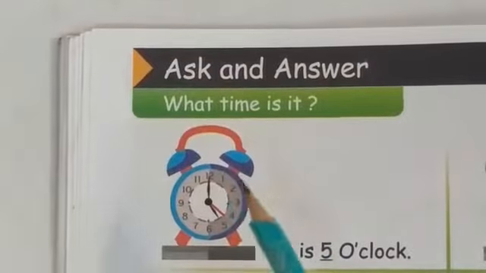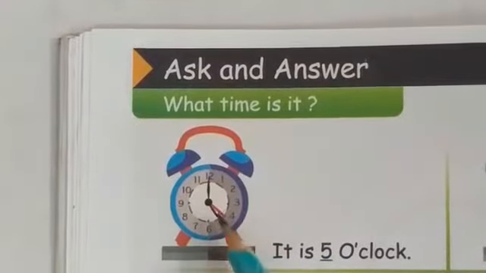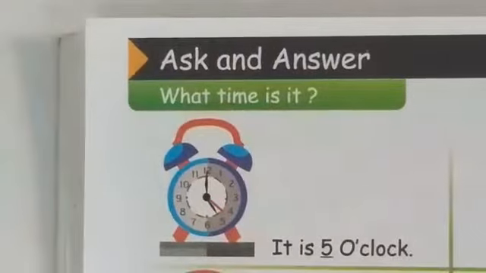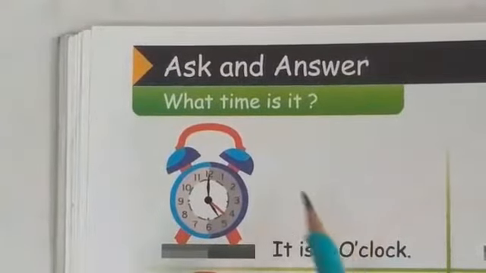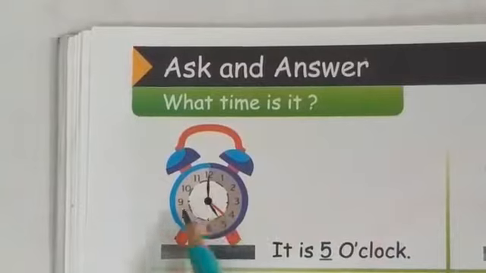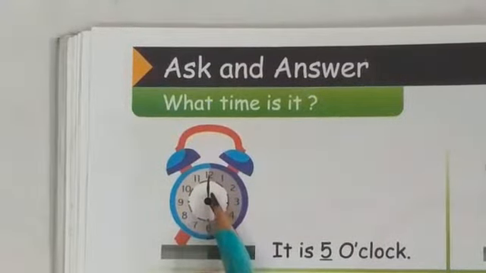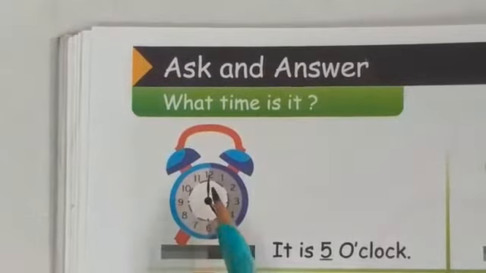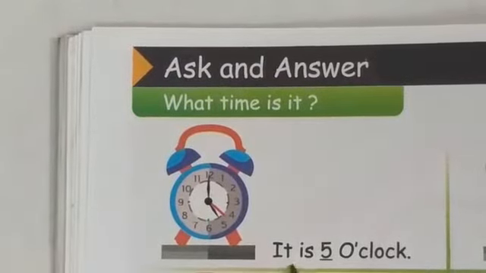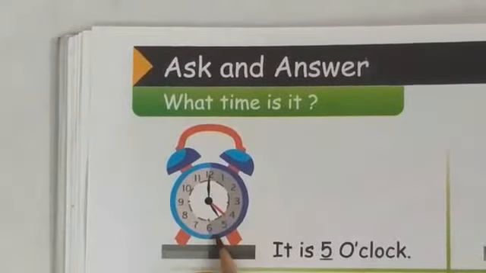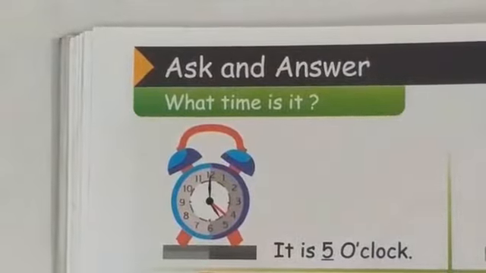It means, for example, you have to first look at the small hand and the big hand, and after that you have to read the table where you find the big hand, and it will be really easy for you to guess the time. So on the very first clock we have it is 5 o'clock. Now let's move to the next one and guess the time.